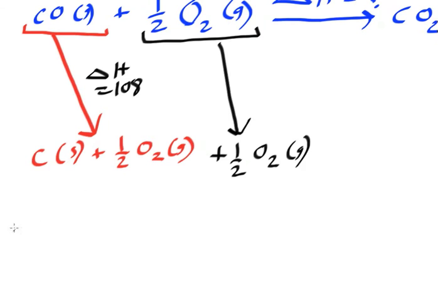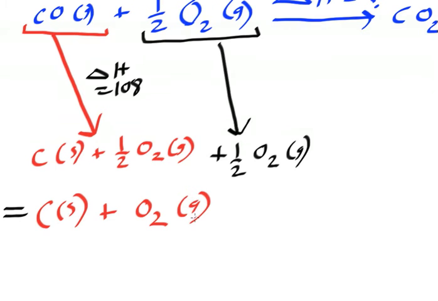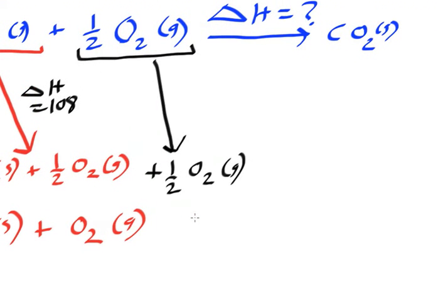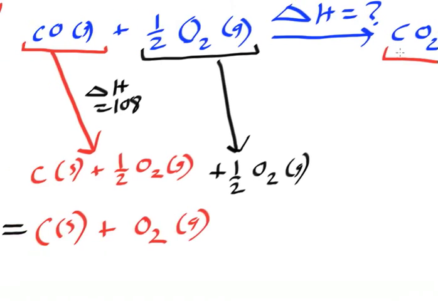This thing that I've written, actually, I can write as something much more simple. So I write the equal sign, which is just the same as. So these three things at the top here are the same as C as a solid plus a half O2 and a half O2, which is just the same as O2, or one of them. So I've got C as a solid plus O2 as a gas, and I somehow need to turn that into this CO2 here. Is there anything that can help me?